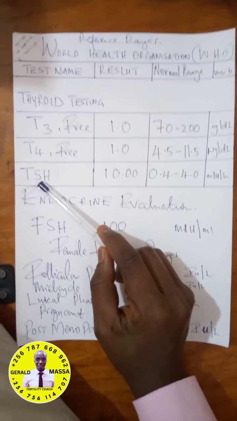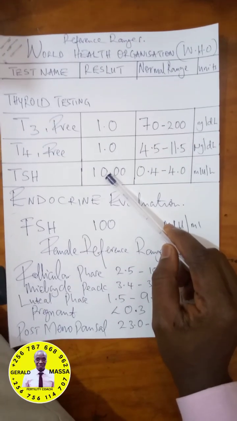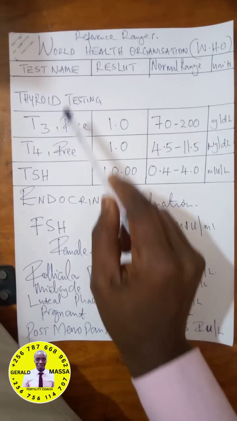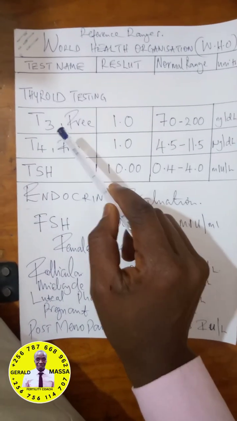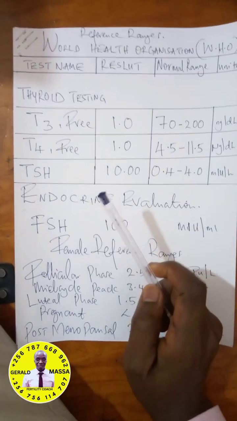And when TSH has been released, it travels also in the blood to your thyroid gland. Remember these two hormones? TSH comes to the thyroid gland, and then it tells it that, you know what, you produce T3, T4, and calcitonin.